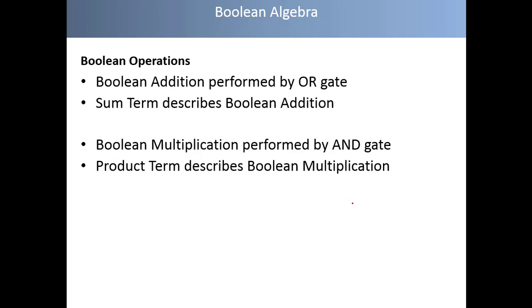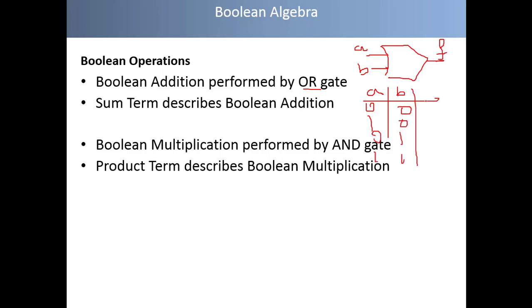Now we have a number of Boolean operations. Important ones are Boolean addition and Boolean multiplication. Boolean addition is performed by the OR gate. We have seen this in our previous lecture. We have an OR gate with two variables a and b, and if we denote the result f, then we can construct a truth table of all possible inputs.